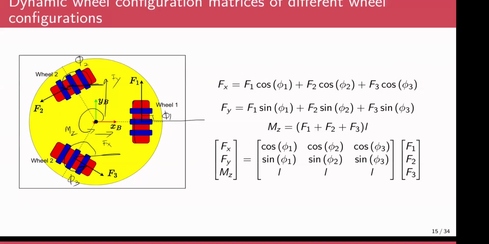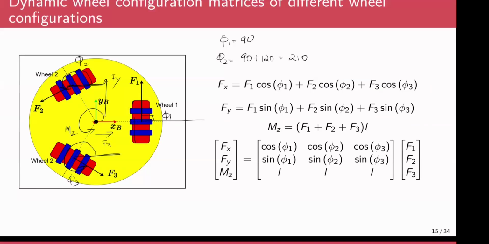And as you can see, F1 is actually at 90 degrees. So phi1 is nothing but 90 degrees. And phi2: the orientation between wheel 1 and wheel 2 is 120 degrees apart. We already have 90 degrees for wheel 1, so phi2 would be 90 plus 120. This is 210.